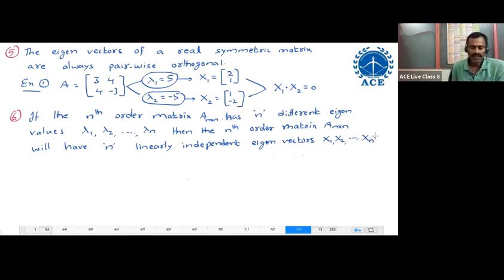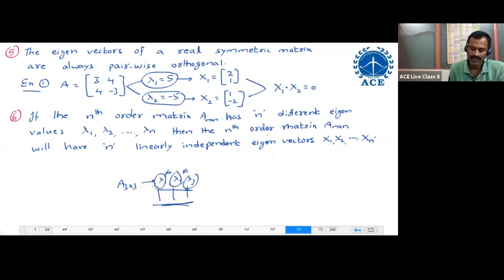Suppose a 3 by 3 matrix. First of all, for a 3 by 3 matrix, 3 eigenvalues exist: lambda 1, lambda 2, lambda 3. Out of 3 eigenvalues, all 3 may be the same, all 3 may be different, or some may be the same. Suppose all eigenvalues are different, lambda 1 not equal to lambda 2 not equal to lambda 3, then the corresponding eigenvectors are always linearly independent.